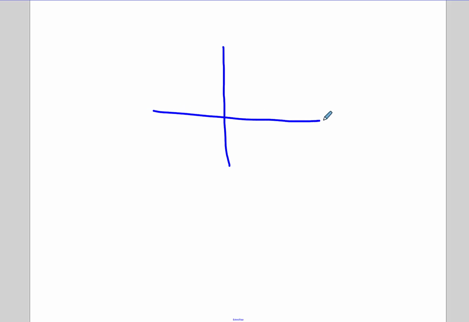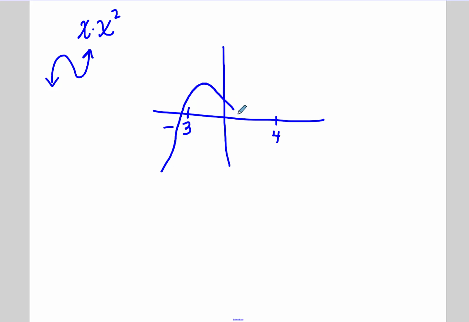Graphically, we know if we have x plus 3 times x minus 4 quantity squared, that would give us an x times an x squared. We got a cubic function. The end behavior is going to cross and then do something over here. We just don't know what. Is it going to just touch and go back?